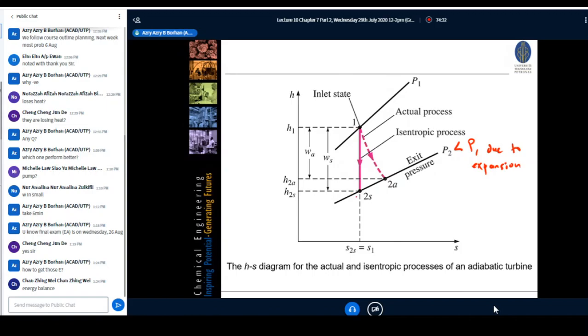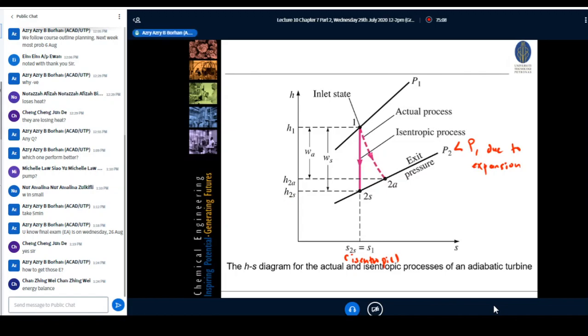Now, state 1 and state 2. State 1, H1. What happens is that if you have an isentropic process, your state number 2 must be equivalent to S2S. This is only for isentropic. Okay, but if you consider the actual one, right, the value of H2A is higher than H2S.